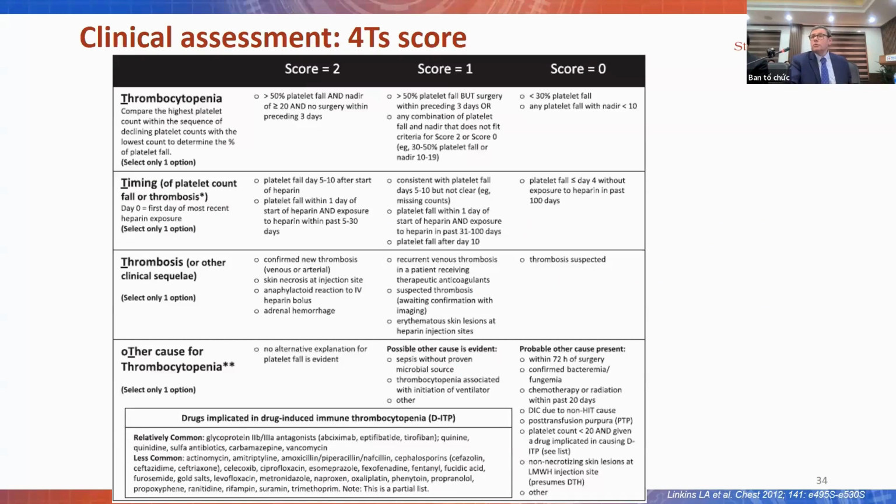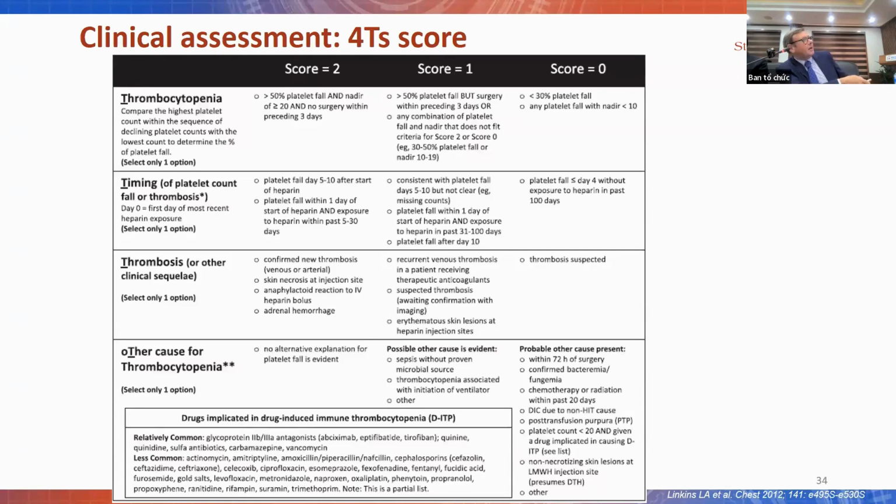So if we want to do the clinical assessment of HIT, we have the 4T score, which is considered the gold standard to look at your patient and to see whether you should or not consider HIT as a diagnosis.